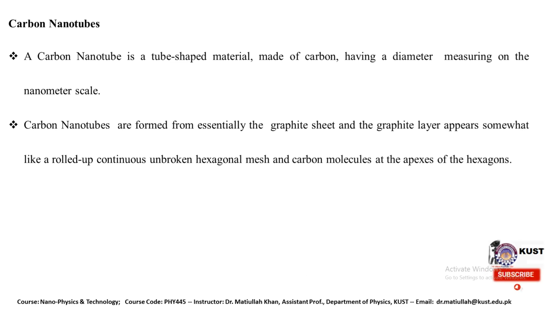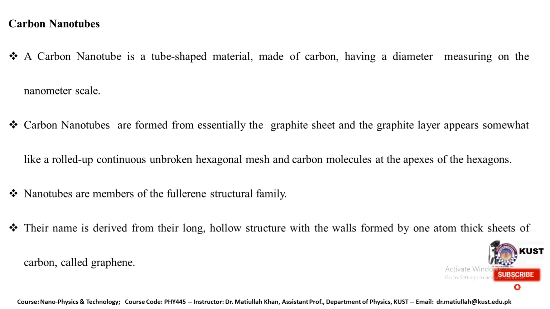Basically, carbon nanotubes are a tube-shaped material made of carbon, with a diameter measuring in the nanometer scale. Carbon nanotubes are formed essentially from a graphite sheet, and the graphite layer appears somewhat like a rolled-up continuous unbroken hexagonal mesh, and carbon atoms are at the apex of the hexagon.